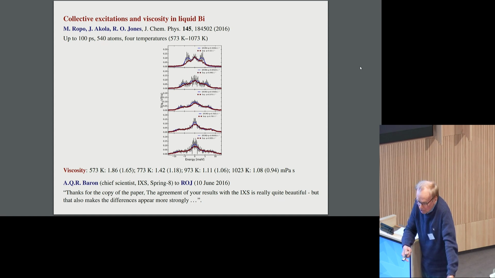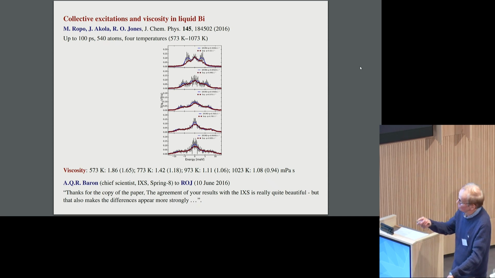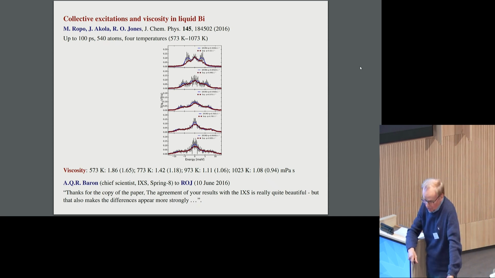There are transverse and longitudinal modes. One method of looking at the transverse modes is to calculate the viscosity, a very difficult thing to do. And really quite remarkably, we can match the experimental numbers here over a large temperature range.